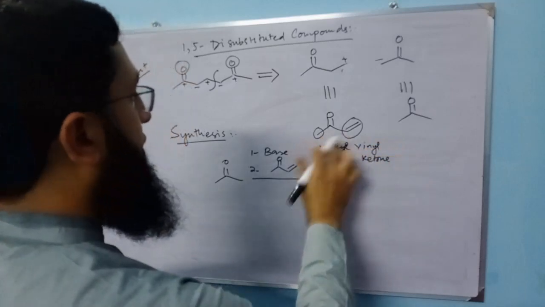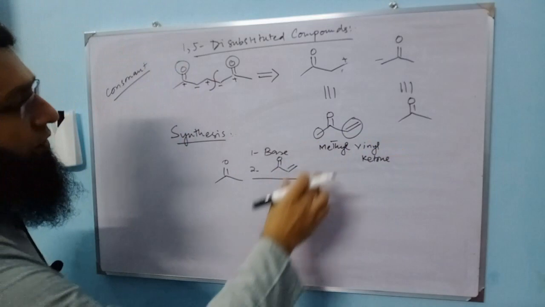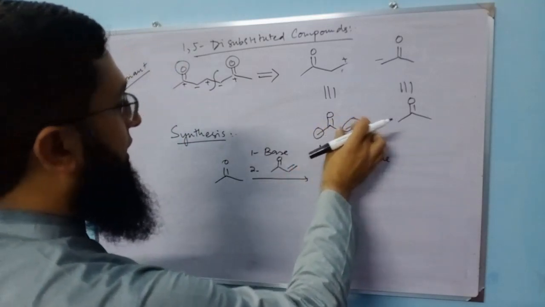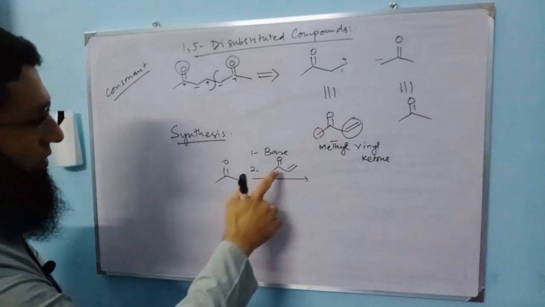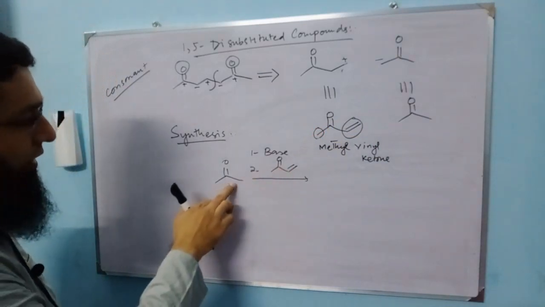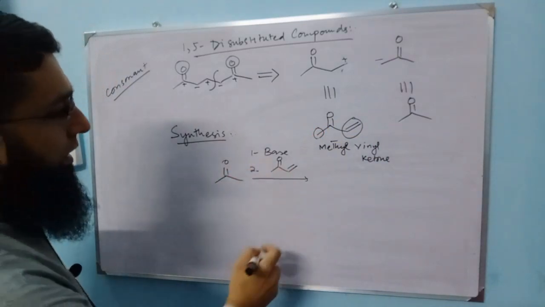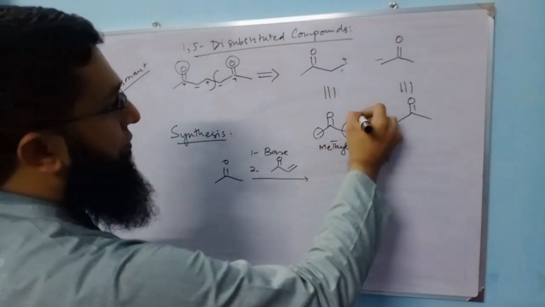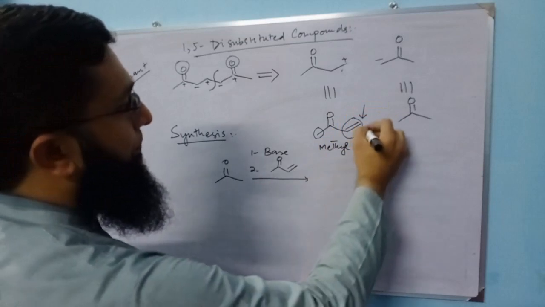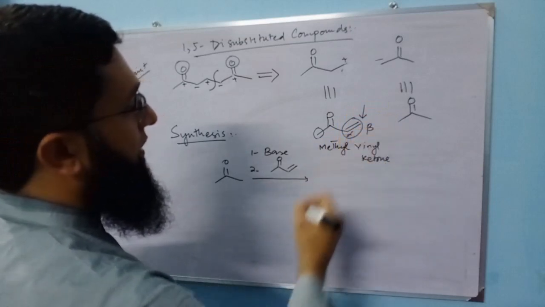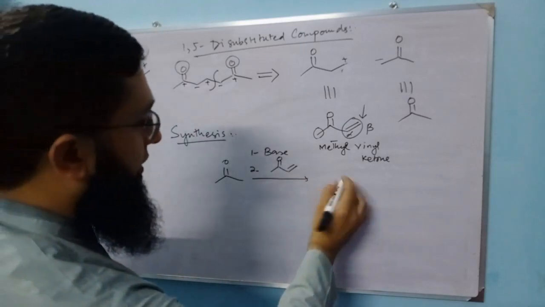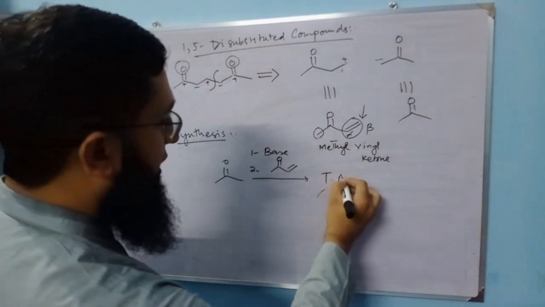As you know, during naming of ketones, we can name one substituent and then the other one. This methyl vinyl ketone reacts with acetone in the presence of base, and the process is Michael addition because the reaction would occur on the beta carbon. This is alpha beta, so conjugate addition, which is Michael addition, and we will get the target molecule.